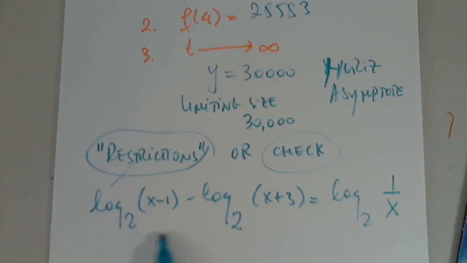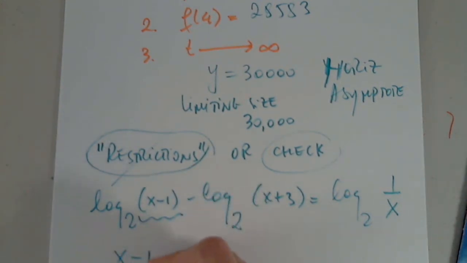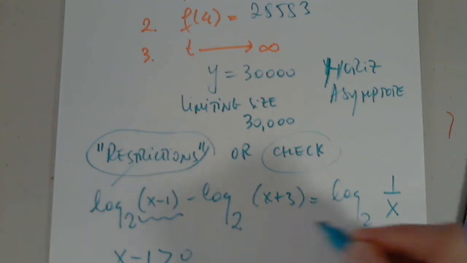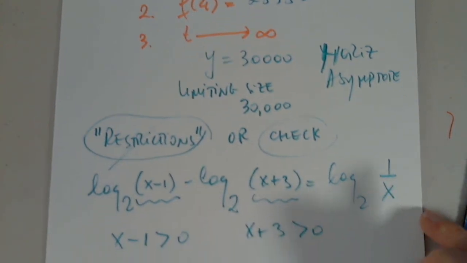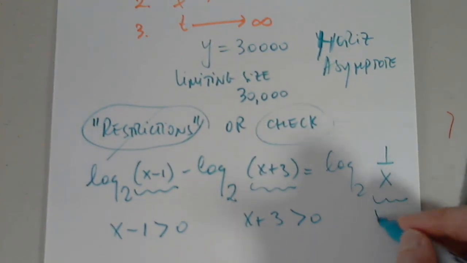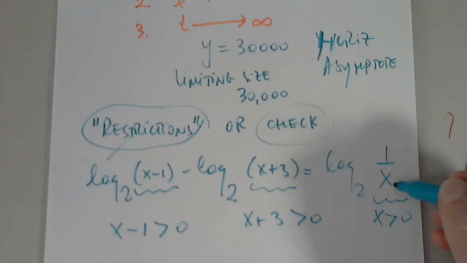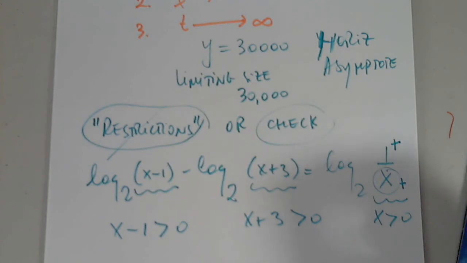So as we know, this log function has to be applied only to positive numbers. This quantity has to be positive. This quantity has to be positive. I think we did this problem sometime a week ago or so. And this has to be greater than 0. 1 over x will be positive only if the denominator is positive, because if this is positive, this has to be positive.